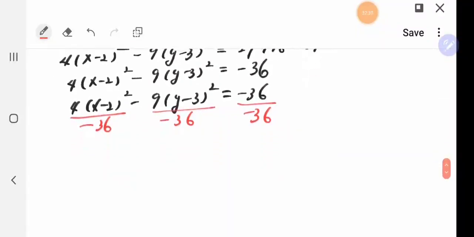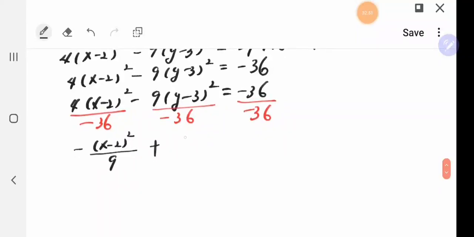So the left hand side is negative x minus 2 squared over 9, and this part becomes positive y minus 3 squared over 4. The right side is 1.